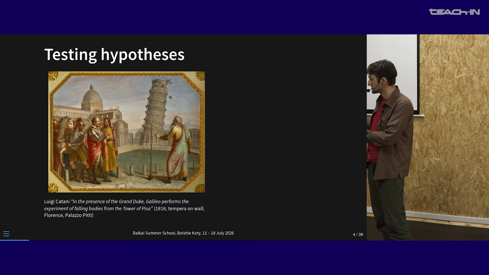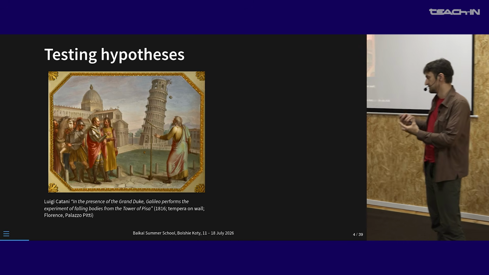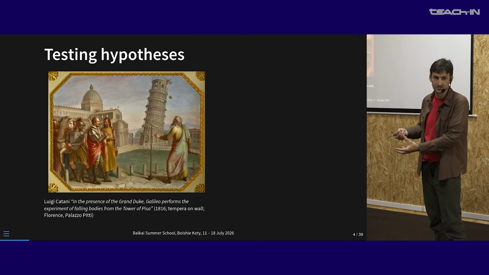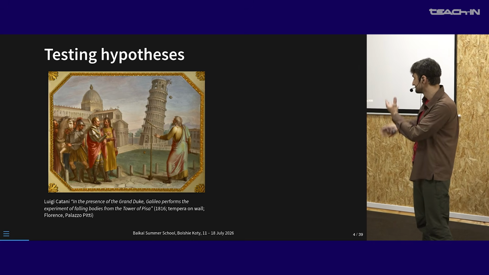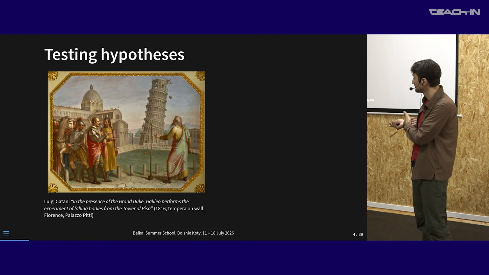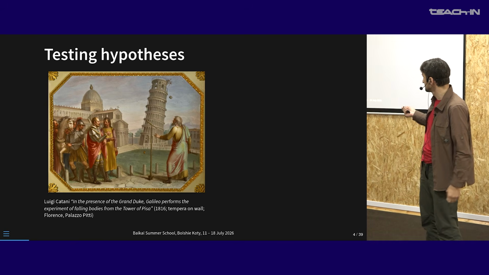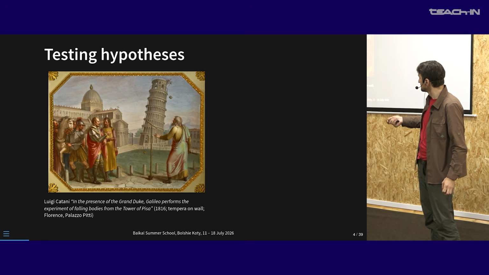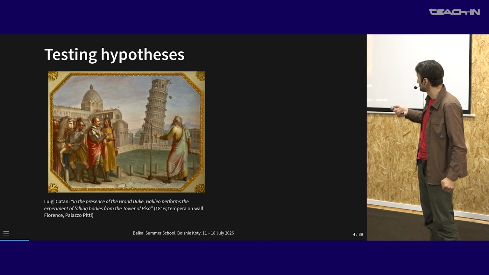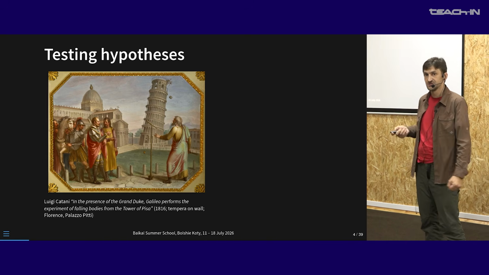According to Aristotle's hypothesis, the speed of the object should be proportional to its mass. So they would fall at different times, and according to Galilei, they should fall at the same time. And here is a nice painting with the Grand Duke observing Galilei performing this experiment and watching with big interest.